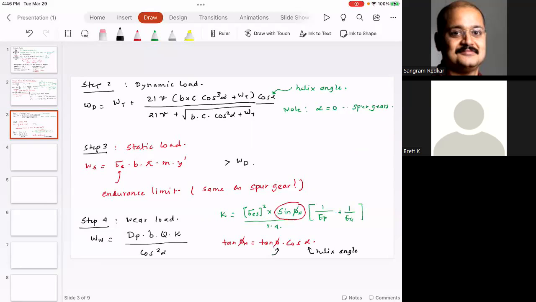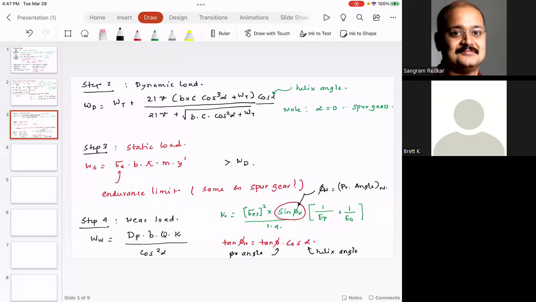But please note, what we need is phi n, which is pressure angle in normal plane. So here is this additional step that you want to perform before you go any further.